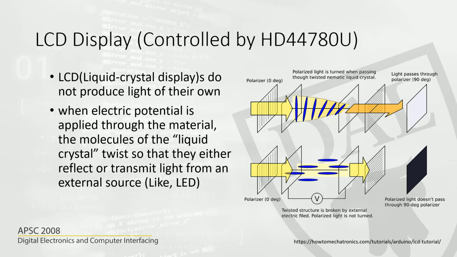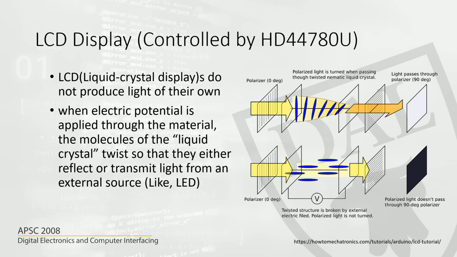So what is LCD? LCD stands for liquid crystal display. There are crystals in the LCD pixels which can be controlled by applying a potential across those cells or across those pixels.